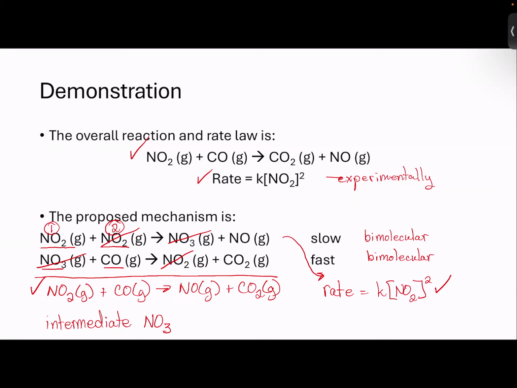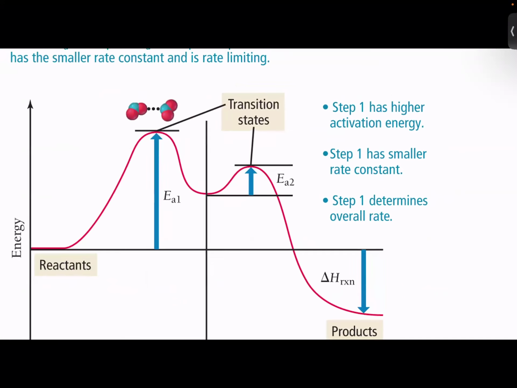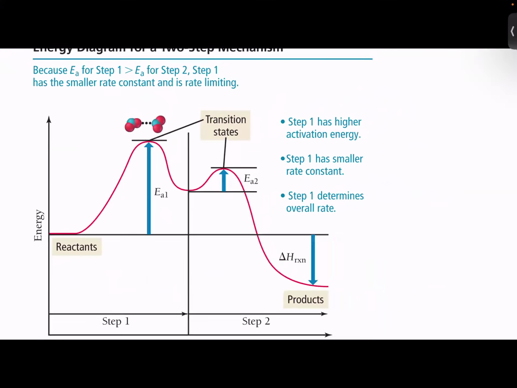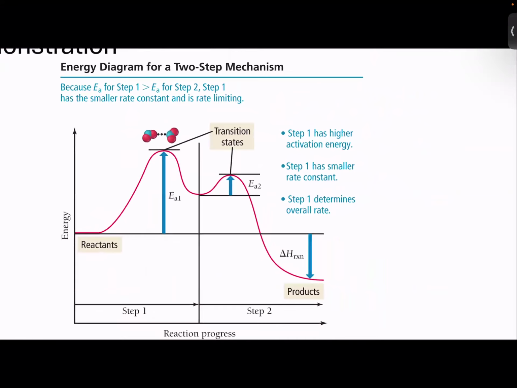Now, what does this reaction mechanism look like in an energy of activation diagram? First of all, when we develop the energy of activation diagram, we're talking about an increase of energy on the y-axis, and we're talking about the reaction progress on the x-axis.